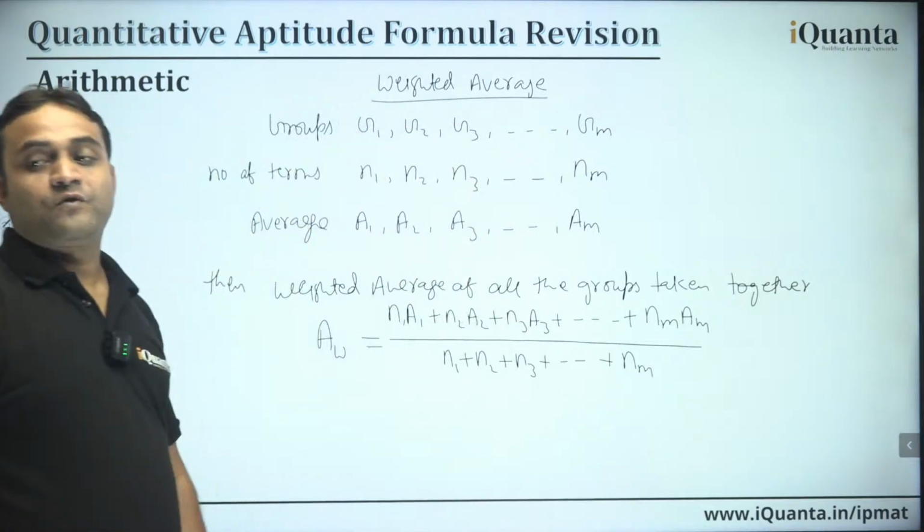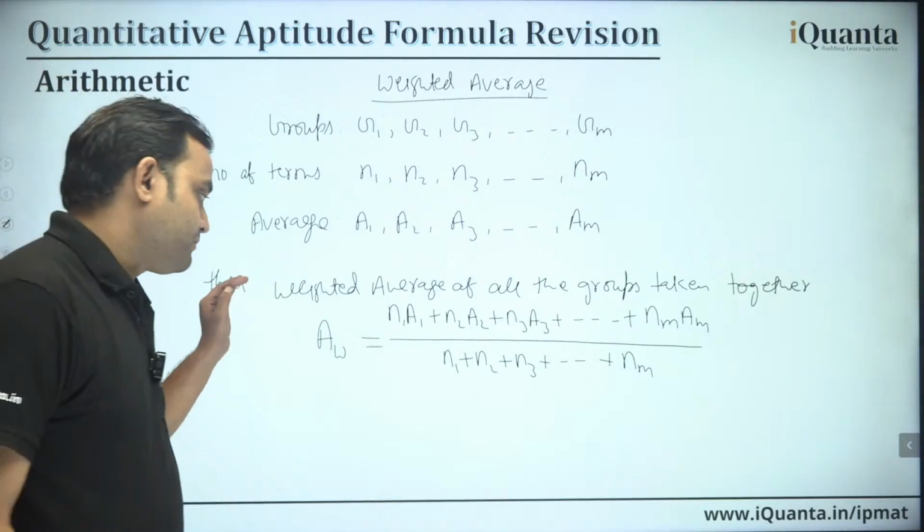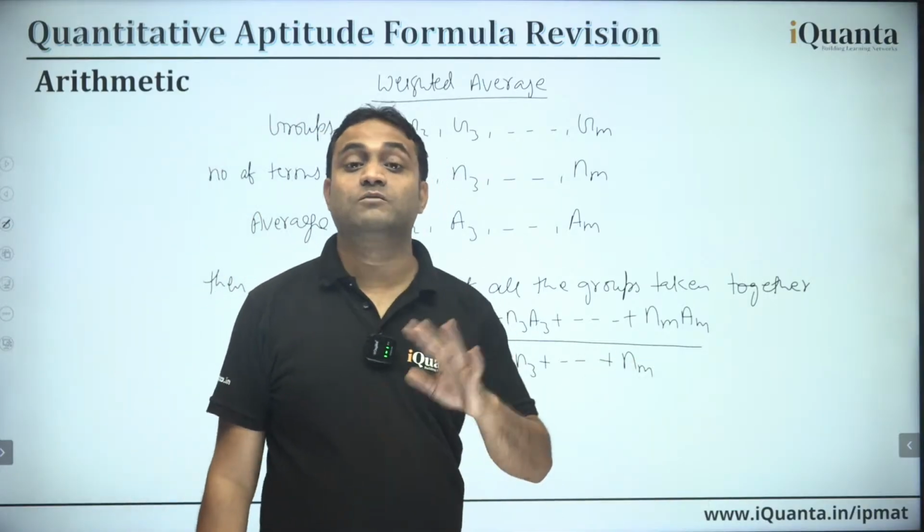So find the sum of the products of number of terms and the average of each group, and then divide it by the total number of terms in all the groups.